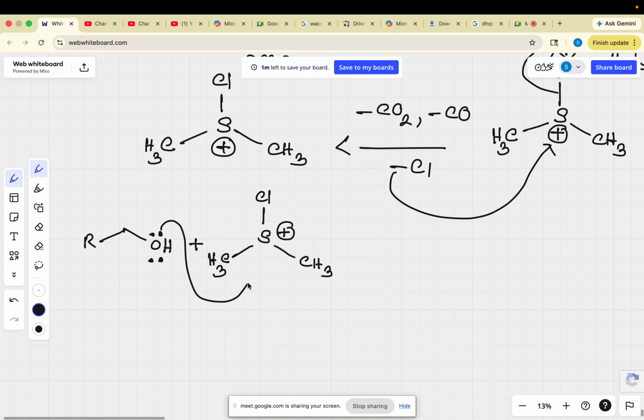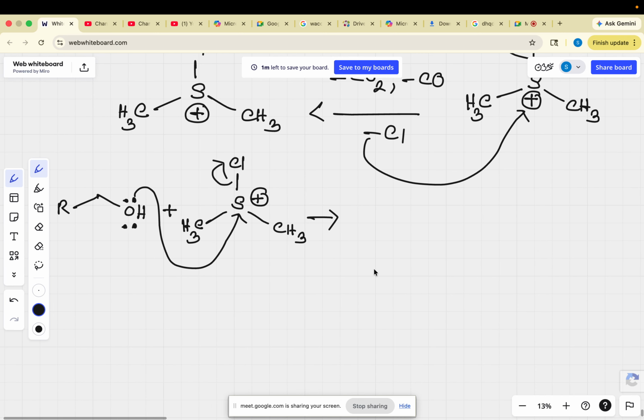So this oxygen is attacking on the sulfur center, chlorine is leaving from here. So what I am getting: R CH2, here you have oxygen, sulfur, CH3, CH3, you are getting positive charge here. Chlorine is leaving from here.